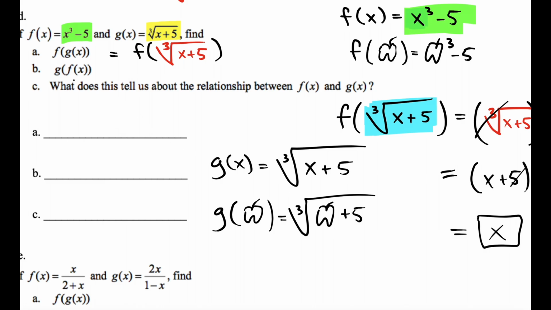But what we need to do is find g of f of x. In other words, g of this. G of x cubed minus 5.